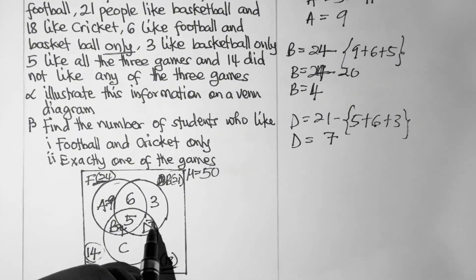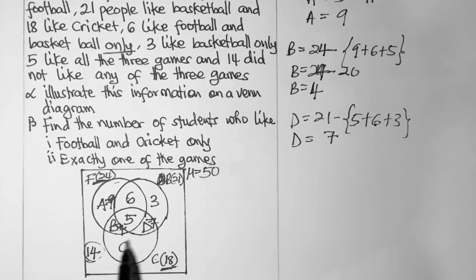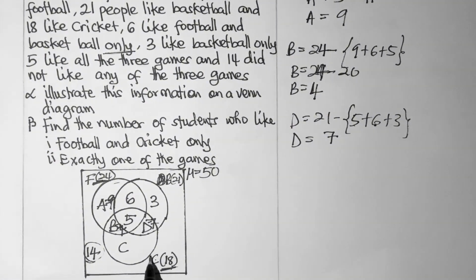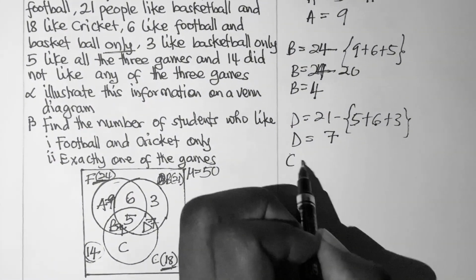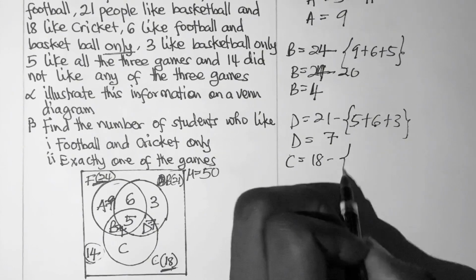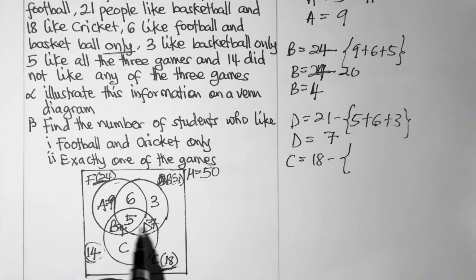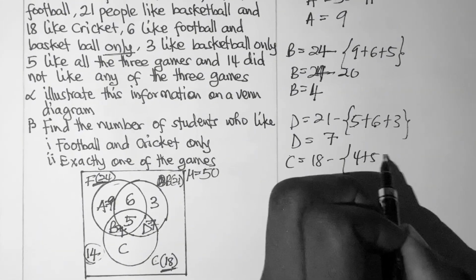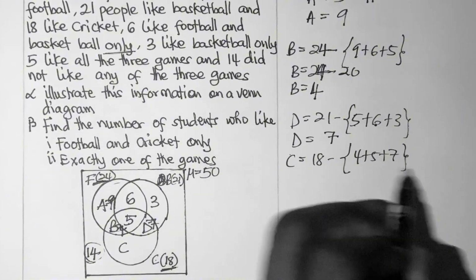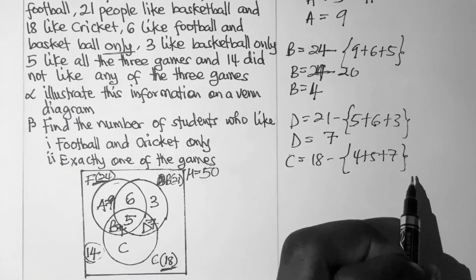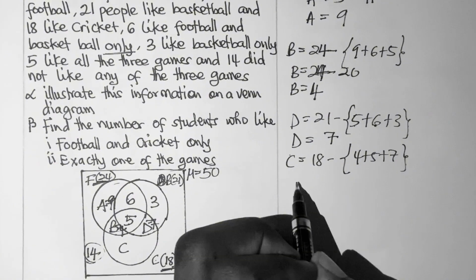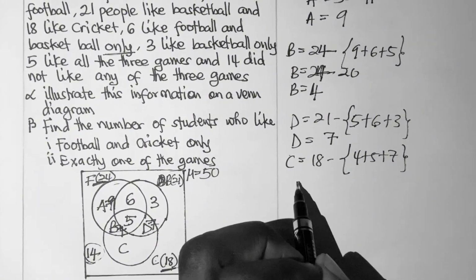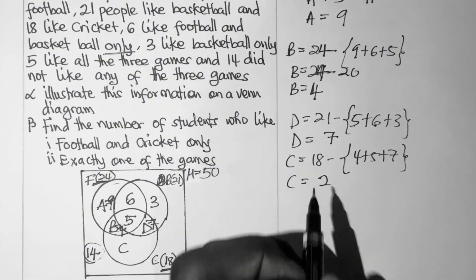So here is 7. And having found D, we can find C because everything is 18. So C is equal to 18 minus into bracket 4 plus 5 plus 7. Now 4 plus 5 is 9. 9 plus 7 is 16. Therefore 18 minus 16 is 2. So C is equal to 2.